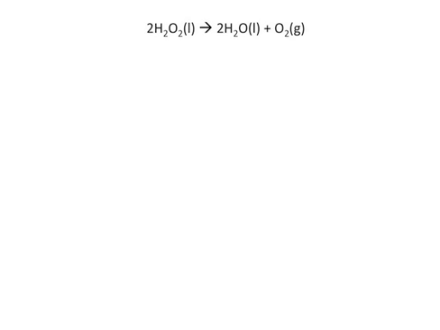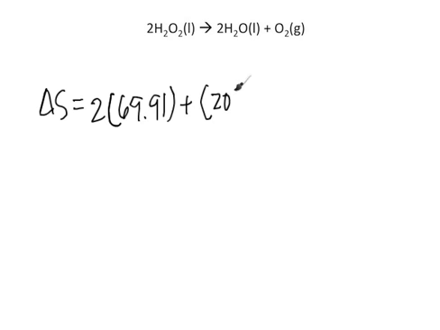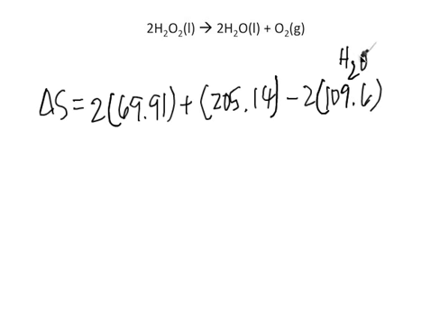So now let's calculate the delta S. For liquid water, it's going to be 69.91. For oxygen gas, it's going to be 205.14, minus, negative coefficient for the reactants, 109.6. This is for the H2O2. This is for the O2.